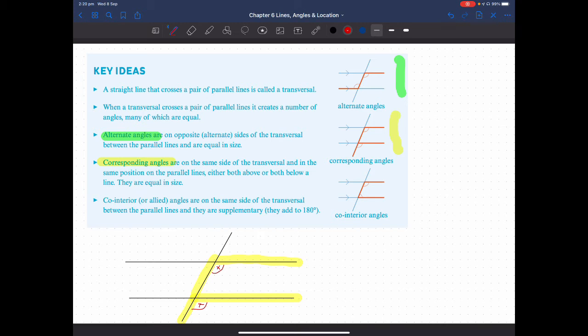They are what we call corresponding angles. They're on the same side of the transversal, in the same position on the parallel lines.